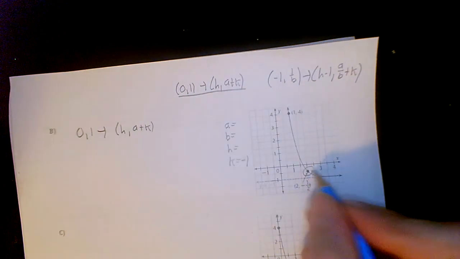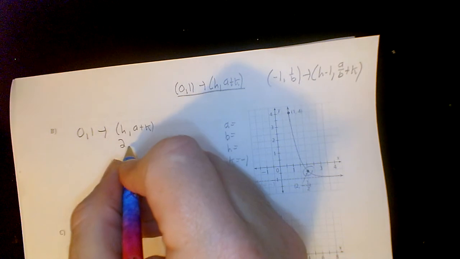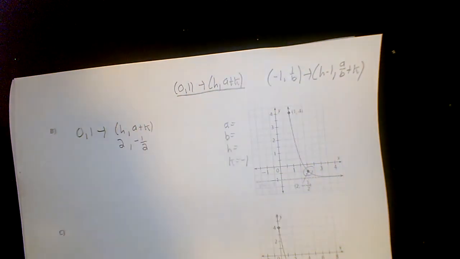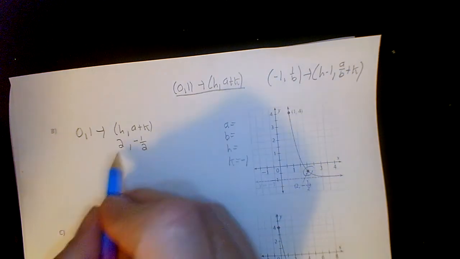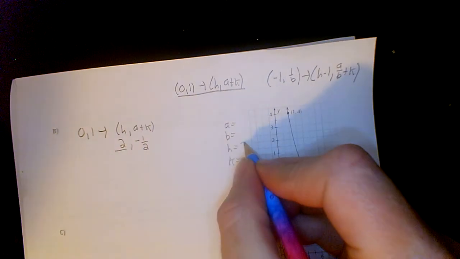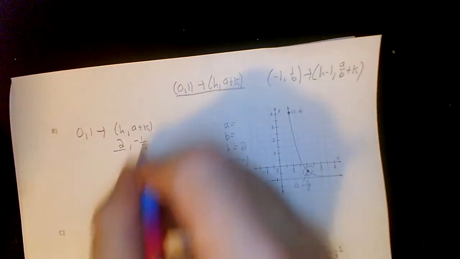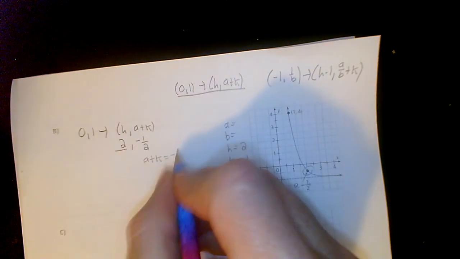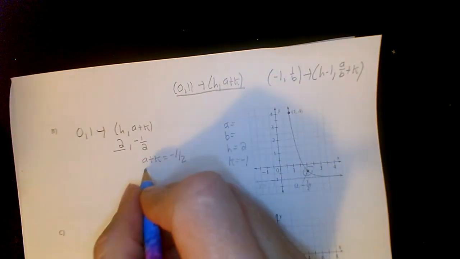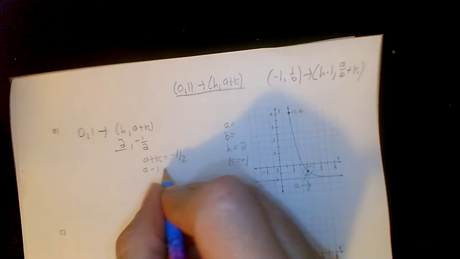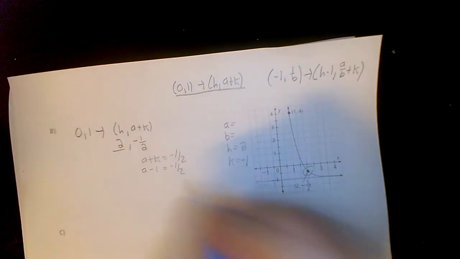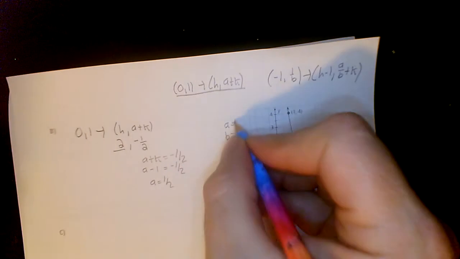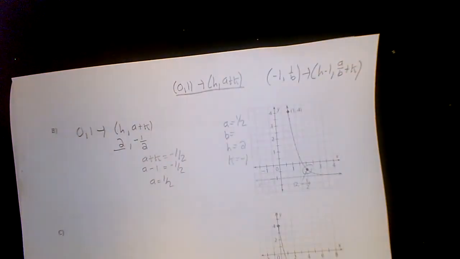Looks to be right here, (2, negative 1/2). That's what it changes into. So that tells us our H value right there is 2. And let's write A plus K equals negative 1/2. Let's not forget that K is negative 1. So to solve this, we add 1 to both sides, and we get A equals 1/2. Let's write it up there, 1/2.